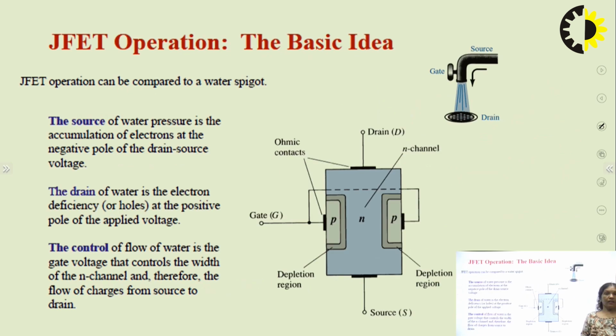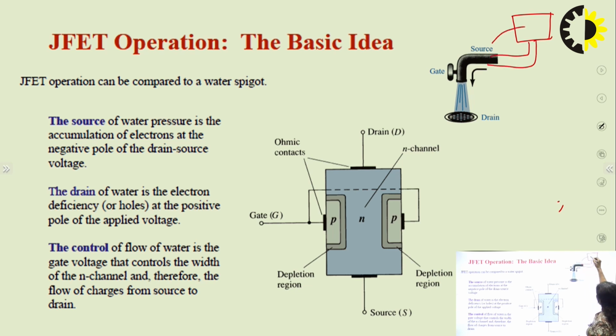We can understand the junction field effect transistor operation by a simple analogy between the tap water system and the junction field effect transistor. In a tap water system, we have a water tank from where the water is coming.